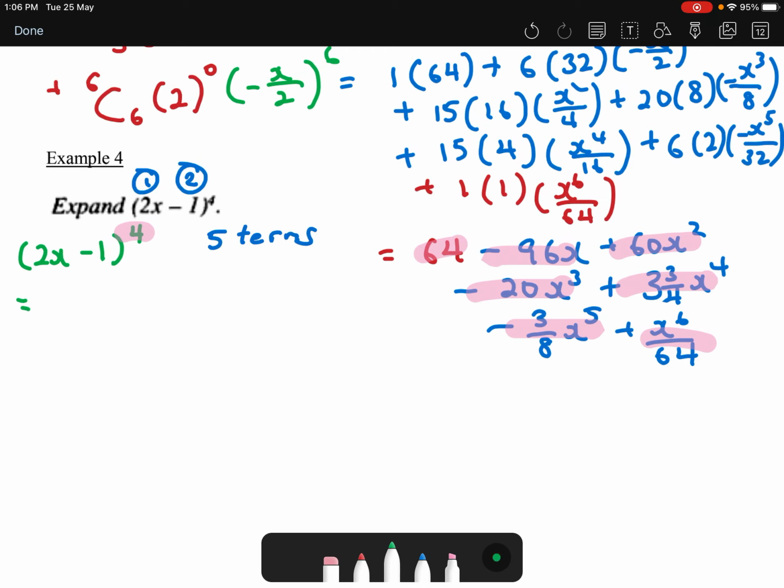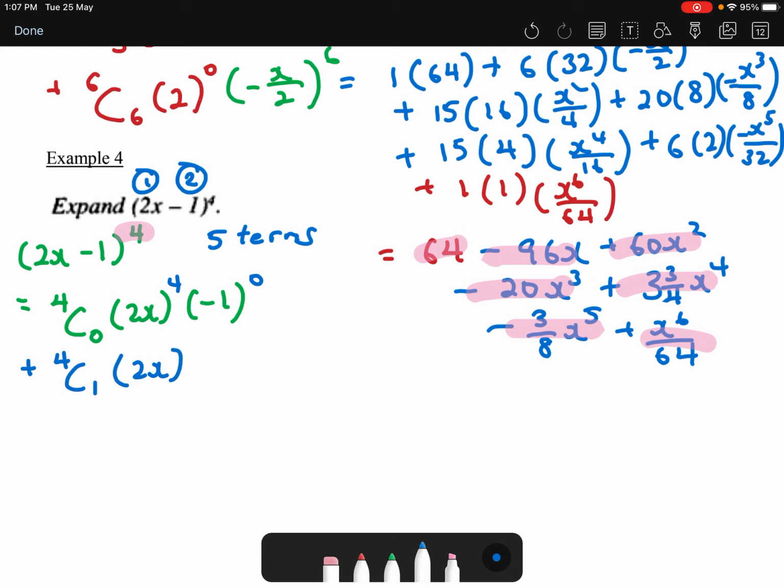So 4 choose 0, 2x to the power of 4, minus 1 to the power of 0. Plus 4 choose 1, 2x to the power of 4 minus 1, which is 3, then minus 1 to the power of 1.